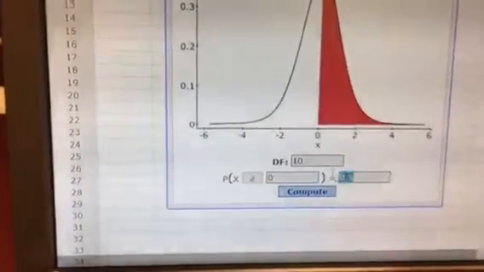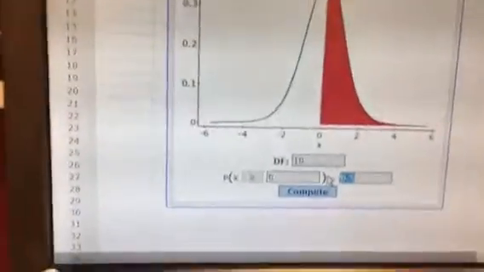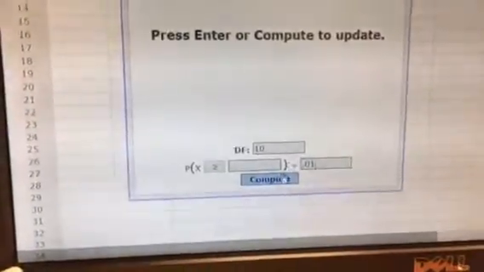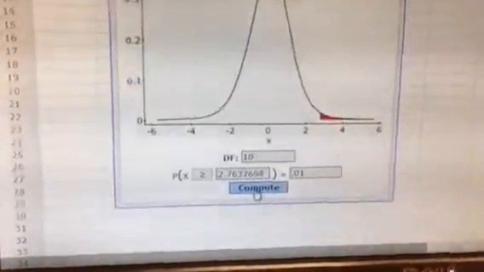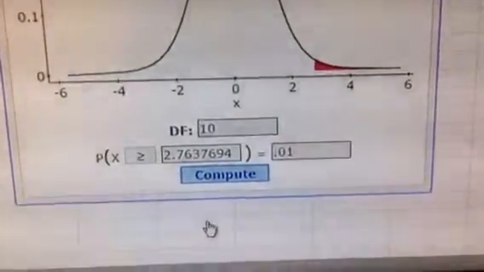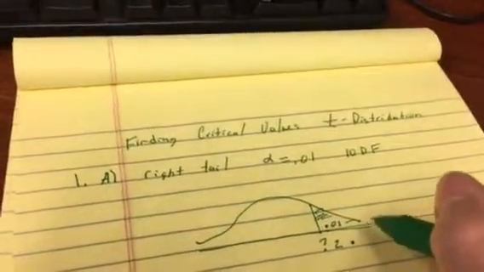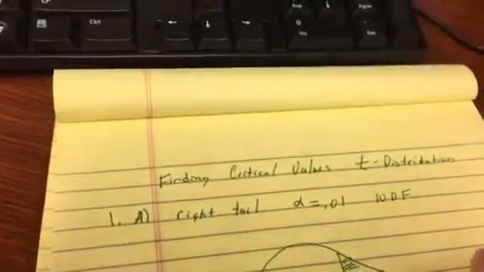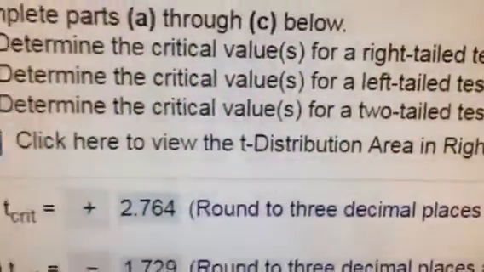And alpha is, in this particular case, 0.01. And then we compute, and we find our t-value, which in this case is 2.764, and it's positive because it's on the right side. So that's going to be our first one.